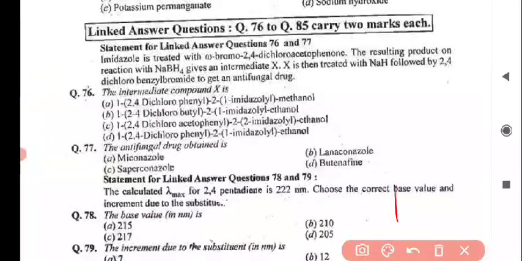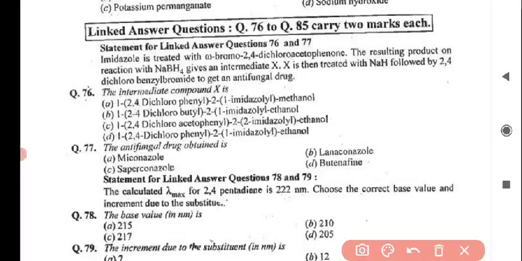Now next statement is, imidazole is treated with omega-bromo-2,4-dichloroacetophenone. The resulting product on reaction with NaBH4 gives an intermediate X. X is then treated with NaH followed by 2,4-dichlorobenzyl bromide to get an antifungal drug.